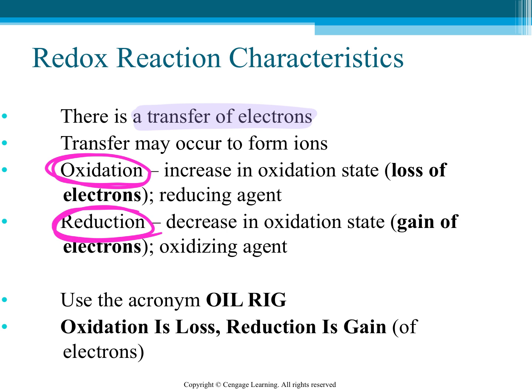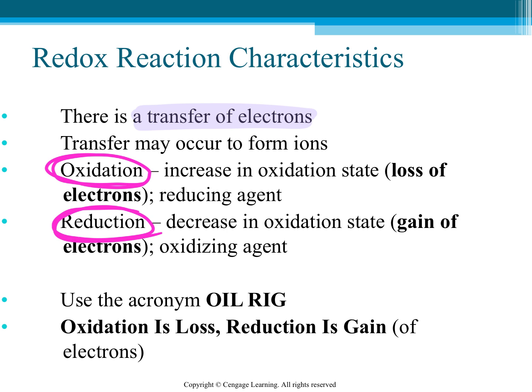Now, here's the way I think of it. In an oxidation, for the element being oxidized, we have an increase of oxidation state. That's too much for me to think about; I don't love the words increase in oxidation state. Here's how I like to think about it.